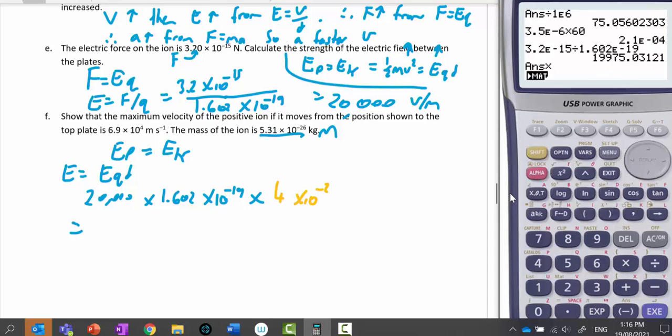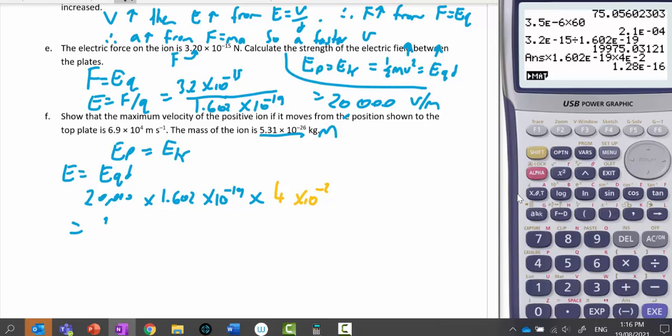So I can leave that answer stored on my calculator. I can times it by 1.602, and that's a positive number because it's a positive ion, and the distance it can move is 4 centimeters, and so I get an energy of 1.28 times 10 to the minus 16 joules. And like we've done in other examples, velocity is 2 times the energy divided by the mass, square rooted.